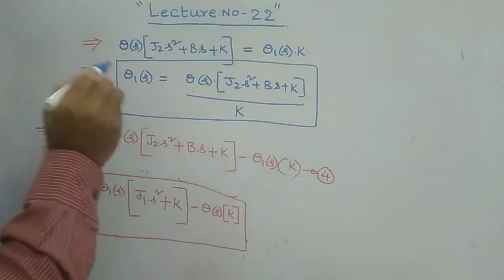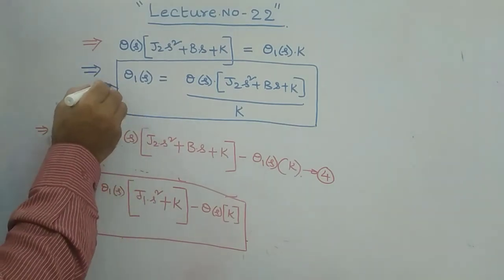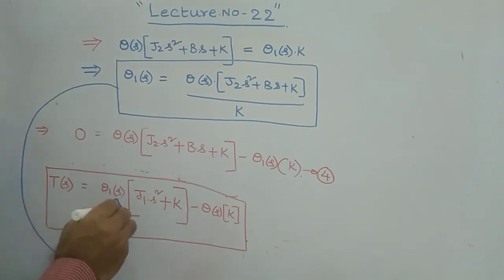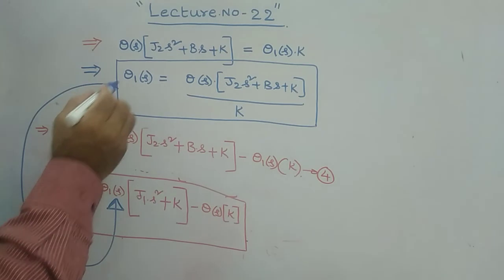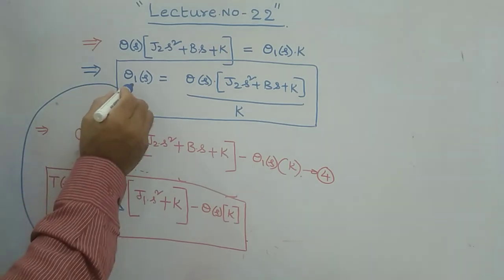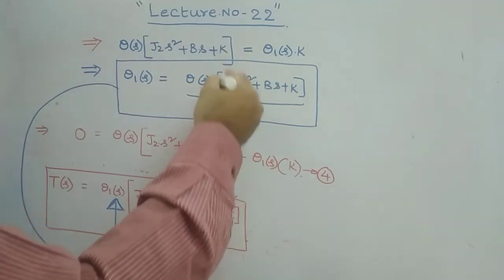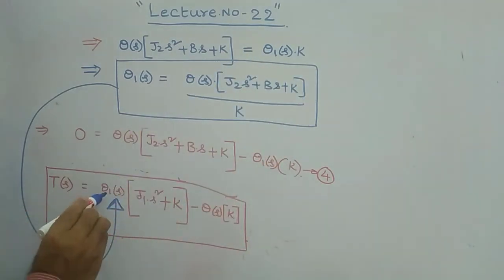Now substitute this particular theta 1 of s value. Where you have to substitute? Here. So your theta 1 of s is equal to this, and this total entire quantity you substitute here in this expression.